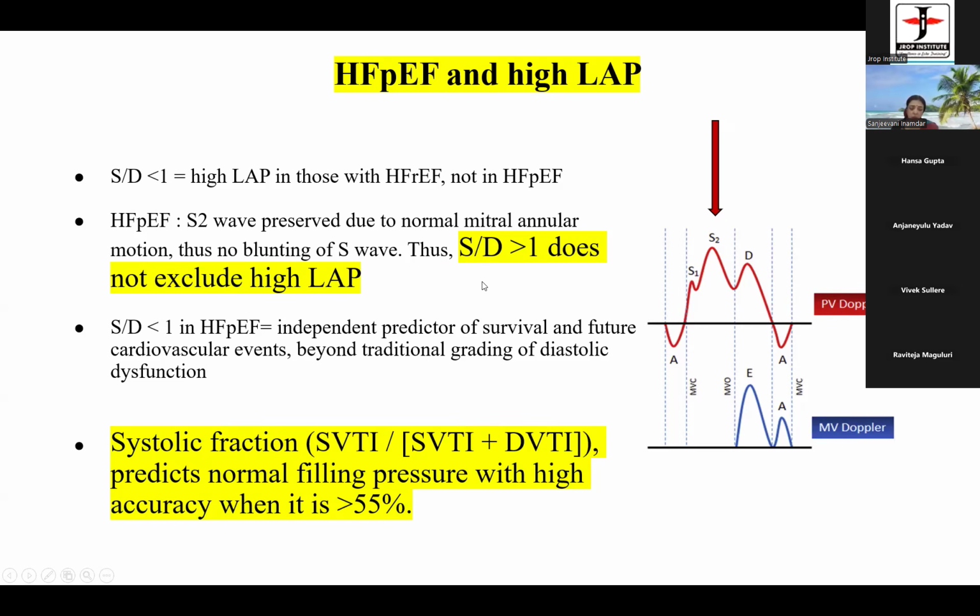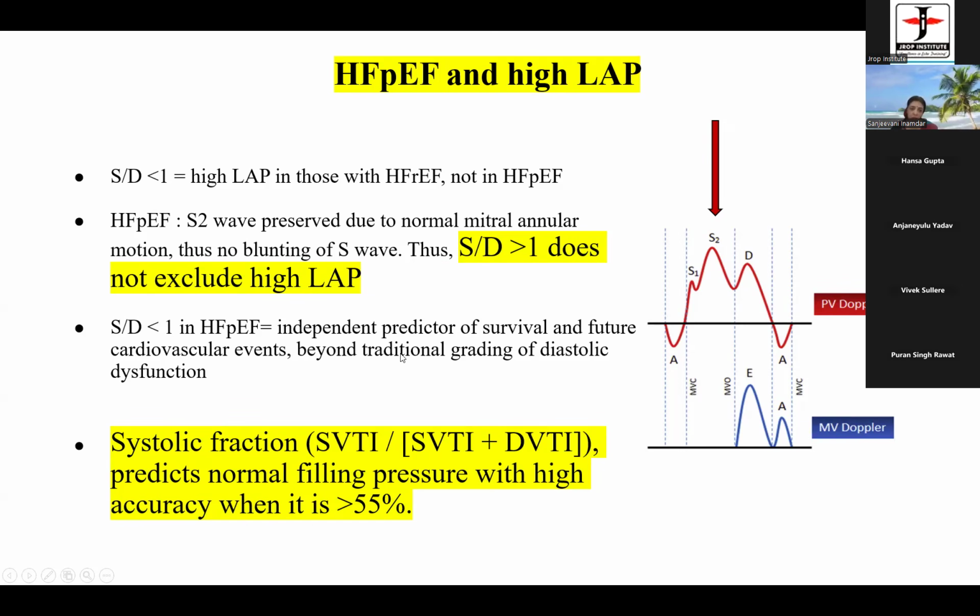Why? Because of hypertrophy of the heart, there is vigorous contraction, and so the AV walls are pulled up, and that is why S is maintained. But when S becomes less than D, it is absolutely indicative of raised LAP. But if it is normal, that doesn't mean that there is no high LAP.